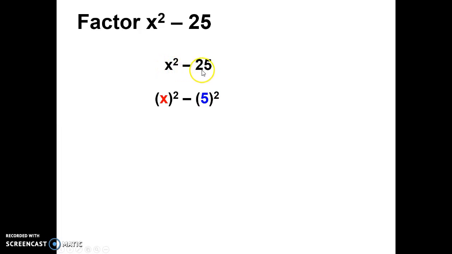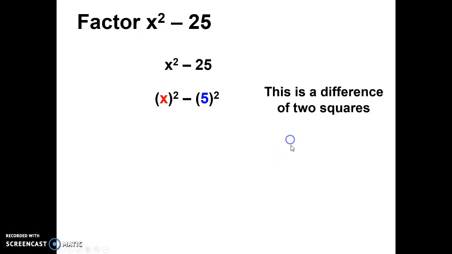Those two terms are perfect squares. x squared is x being squared, and 25 is 5 being squared. This is what we call a difference of two squares, and it has a factoring pattern. You're going to use the x and the 5, and you're going to create your conjugates. x plus 5, x minus 5. Conjugates have the same terms, but the sign in between is opposite.